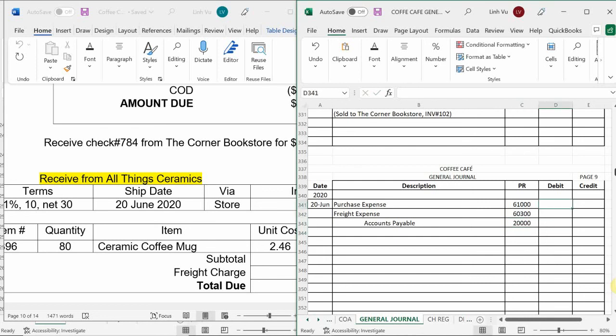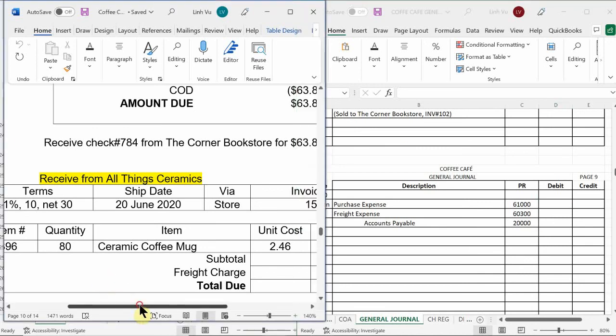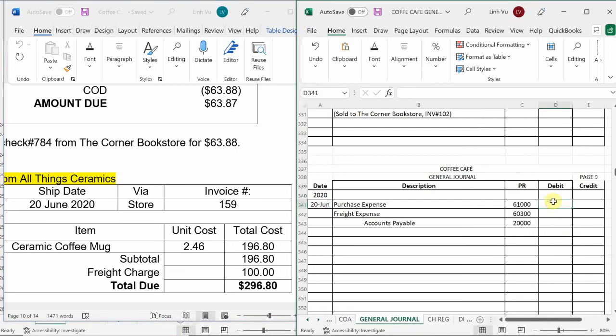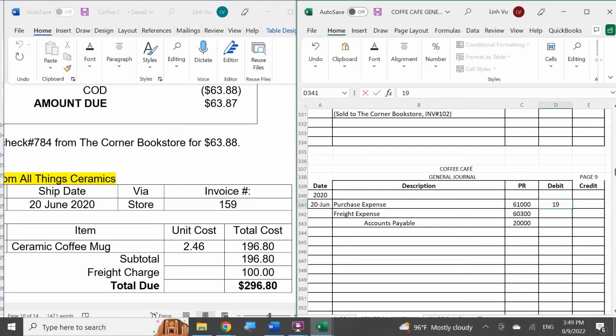Okay. So how much was the actual purchase expense itself? 196.80. 100 on the freight expense. So that's going to give you your grand total of 296.80.